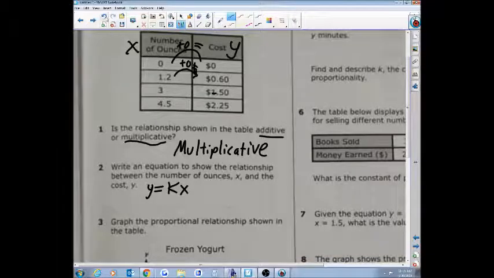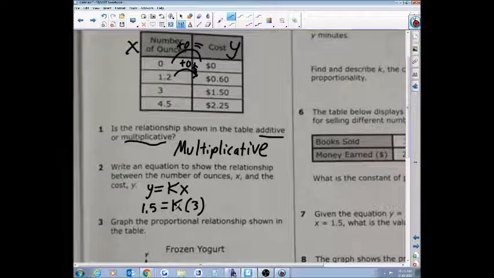So if we substitute, when Y is $1.50, X equals 3. So instead of Y, I'm going to substitute 1.5 equals K times, and our X is 3.